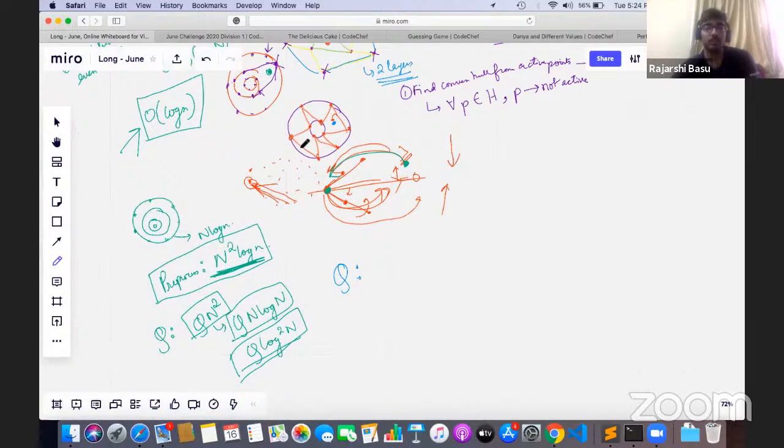And then to check whether a point lies inside a convex hull or not, you can do that in log n time as well. Again, how to do it, I have linked the resources in the editorial. So for every query, you take log n time to binary search and then another log n time to check whether the candle point lies inside the polygon. So overall log squared n per query, hence q log squared n.